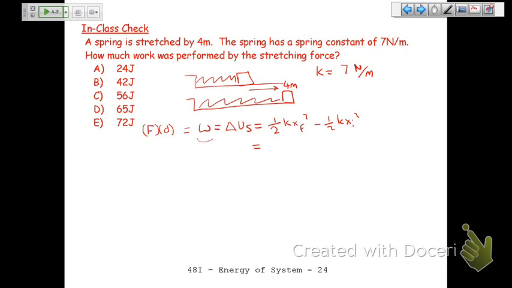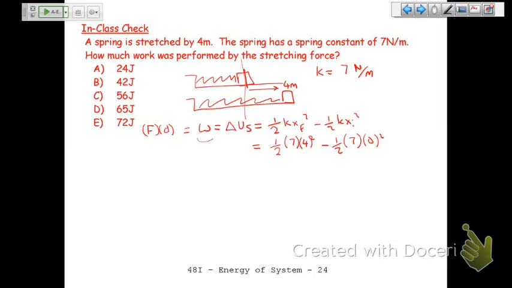So let's have a look. I can do it here. This is displacement of 0. So this is going to be 1/2 times 7 times 4 squared minus 1/2 times 7 times 0 squared.